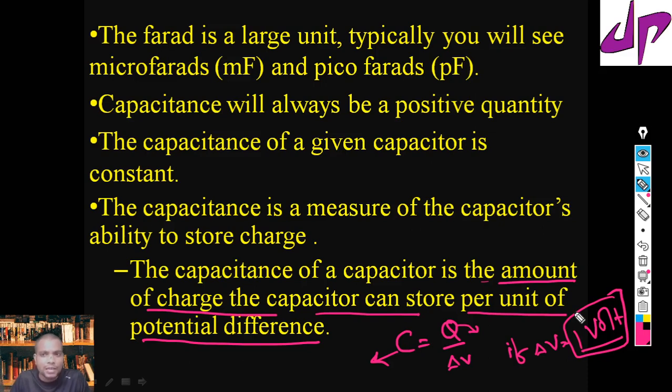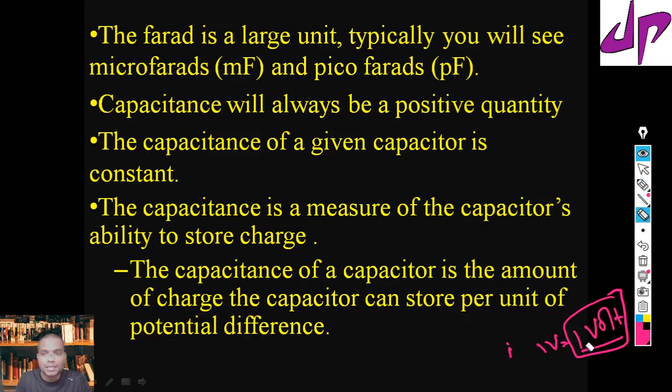Repeating again, if the potential difference between the two conducting plates is 1 volt, then how much charge the capacitor is able to store is defined as its capacitance. So that is the definition of the capacitance of a capacitor.